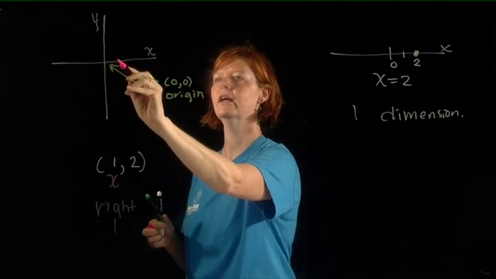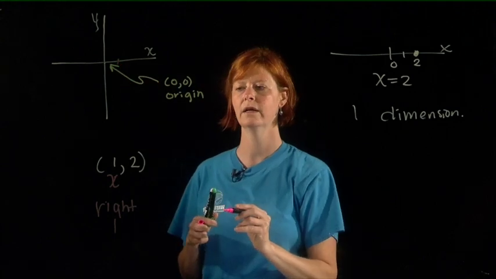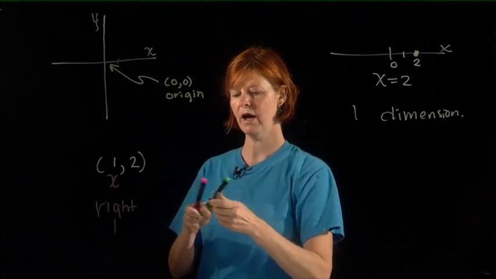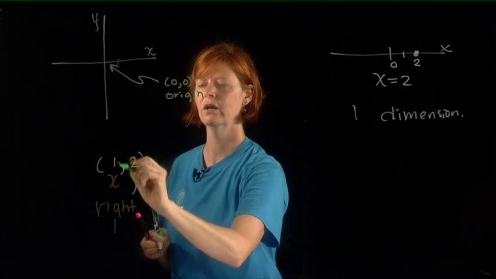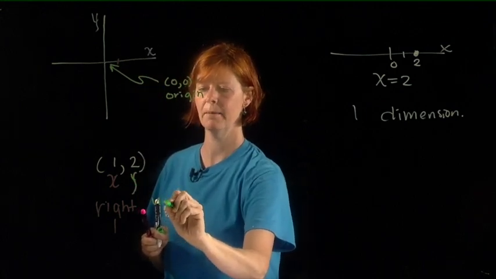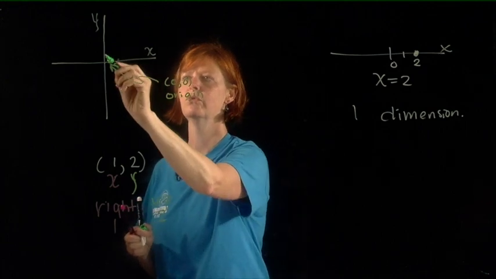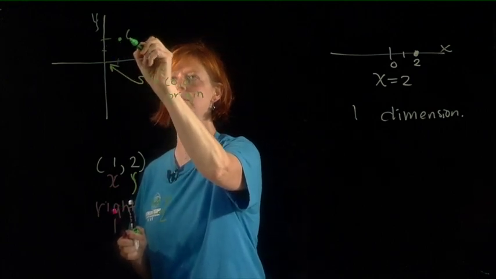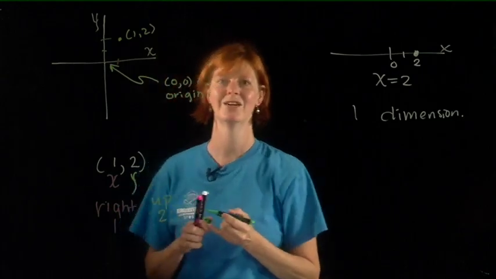So you're here, and then you move right 1. And then your y value is going to be an up 2. So up 2, and there's my point (1, 2).